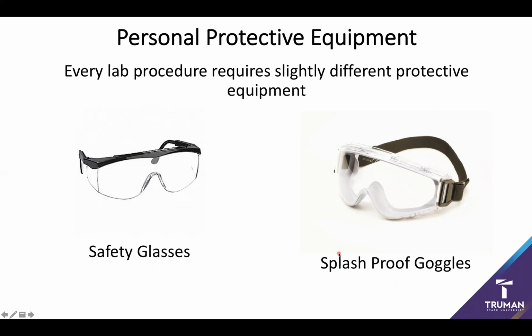Because even if you're working with something as simple as a vinegar solution, I probably have a week's worth of pain prevented by the fact that while playing around with a dilute acetic acid solution that ended up spraying all over me, I was wearing splash-proof goggles, despite the fact I was complaining about splash-proof goggles right up until that very moment.